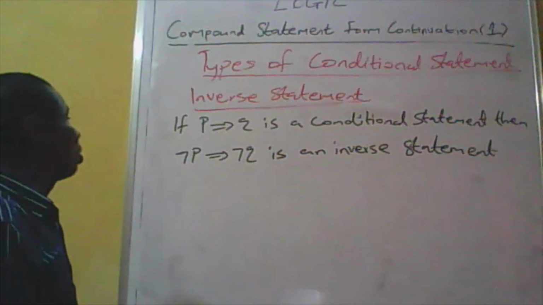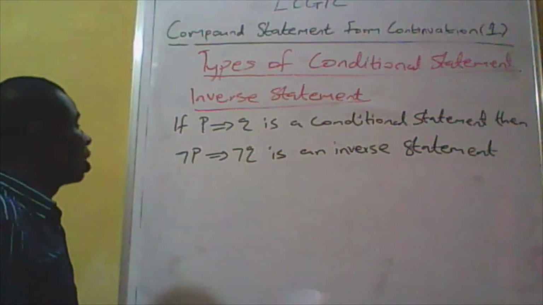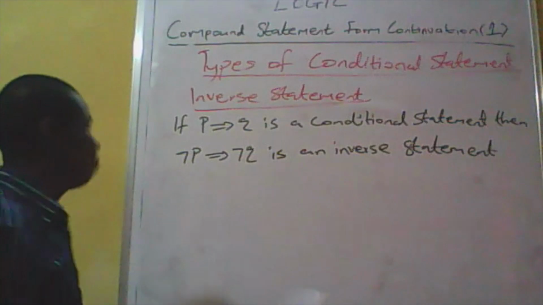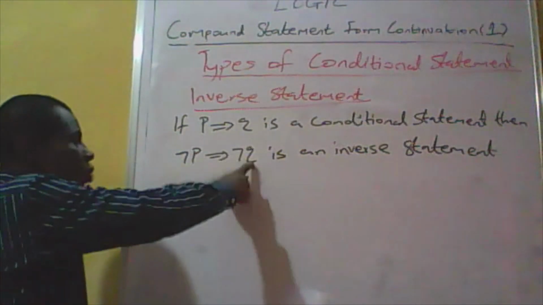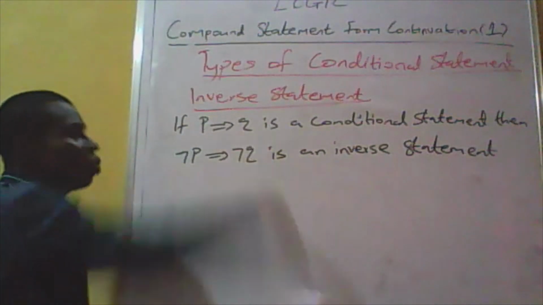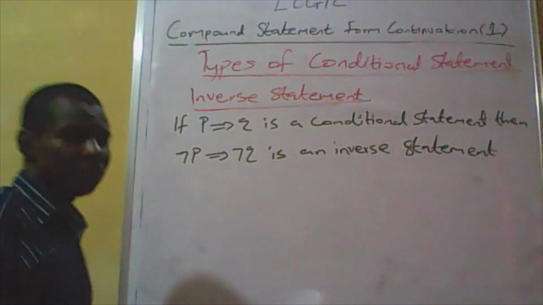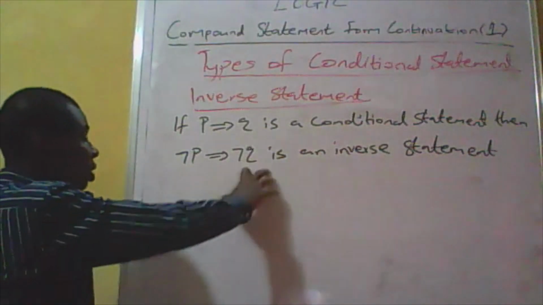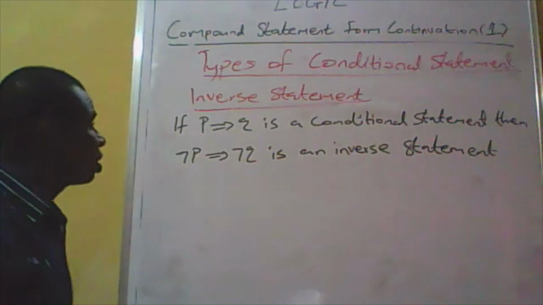So when P implies Q is a conditional statement, then not P implies not Q is an inverse statement. That means if you have not P implies not Q as a conditional statement, then P implies Q will be our inverse statement. So that is the syntax of inverse statement.